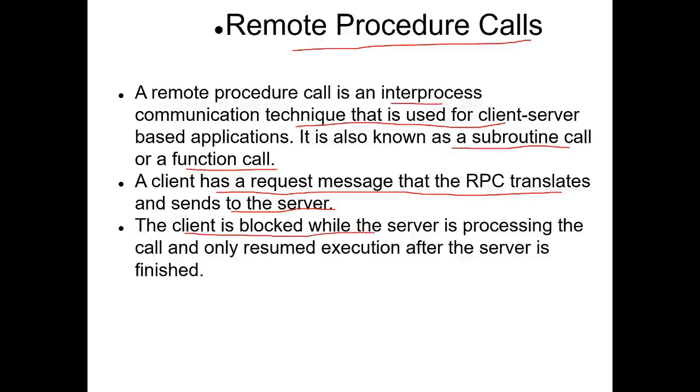The client is blocked while the server is processing the call and only resumes execution after the server is finished. So the client will be blocked until the server accepts it, reads it and sets up the connection. Once the connection is set up between the two processes, that is client and server, then they can send the messages.